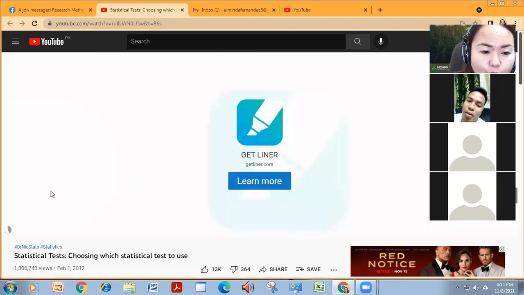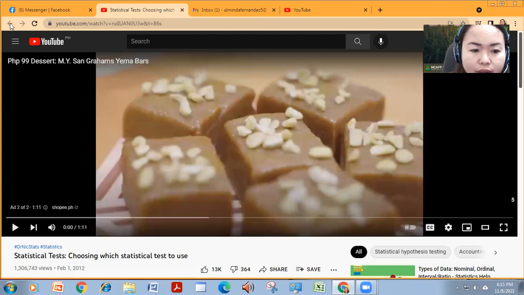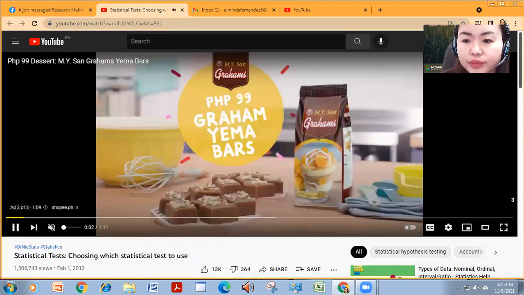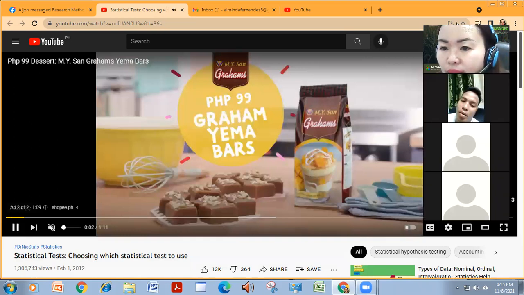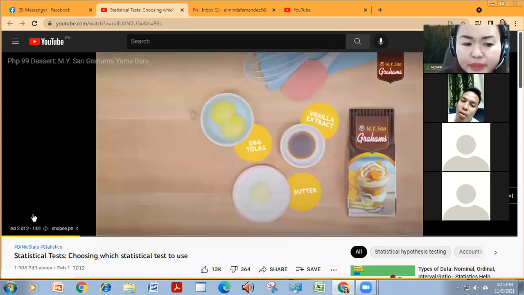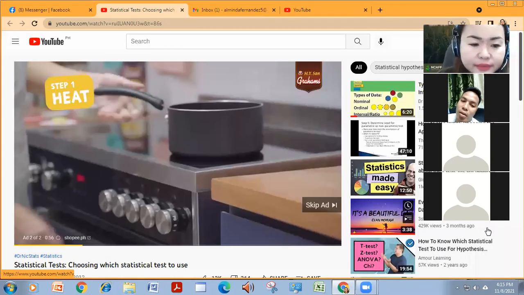So again, wait lang. There were considerations on which type of research, in terms of data, in terms of purpose, kung anong research type lang ang necessary.